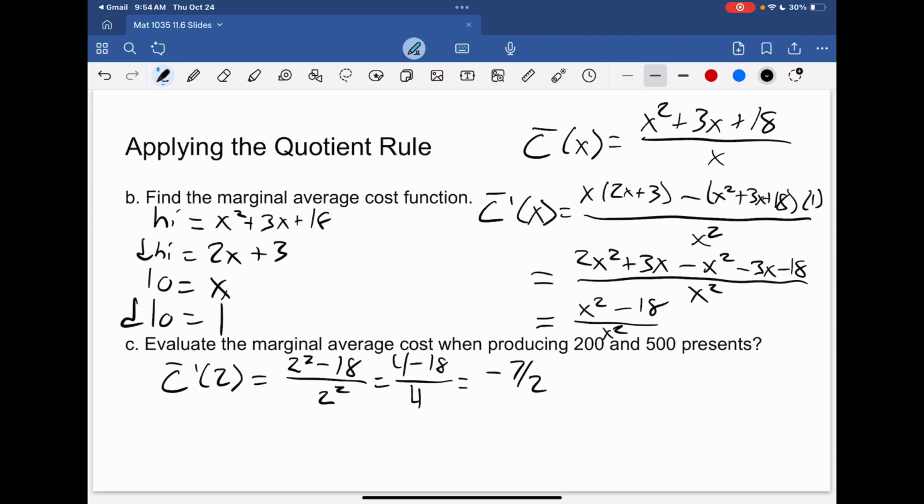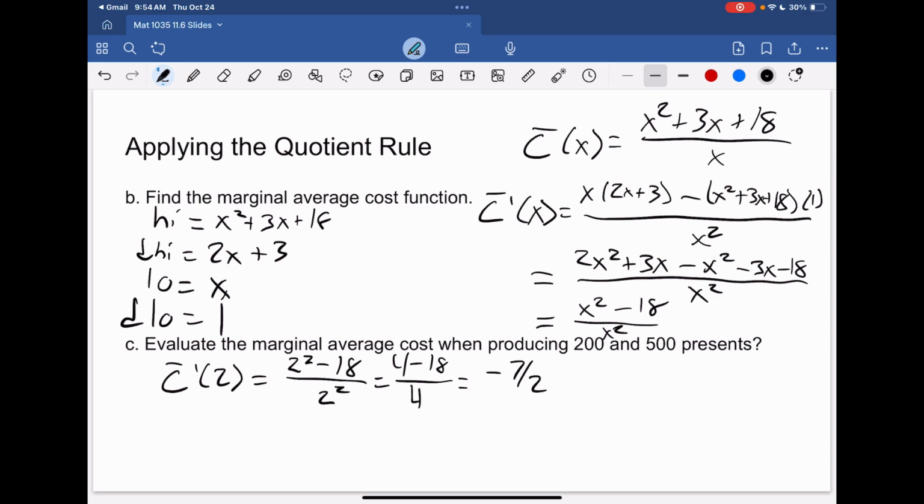So what does that tell me? That tells me that the marginal average cost at 200 items was trending down, or had a slope of negative 3.5.